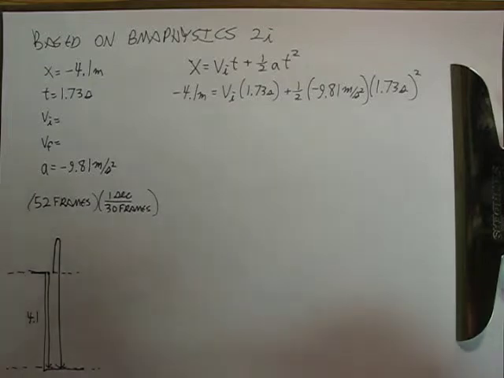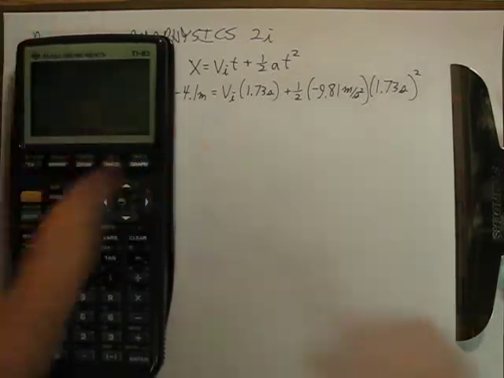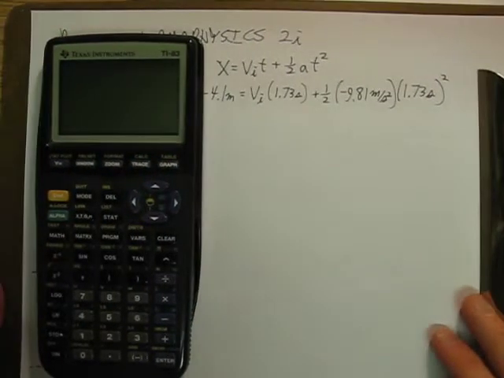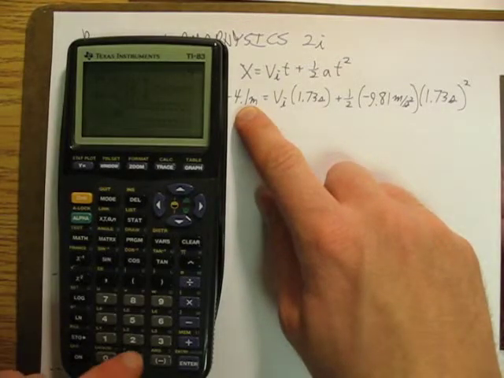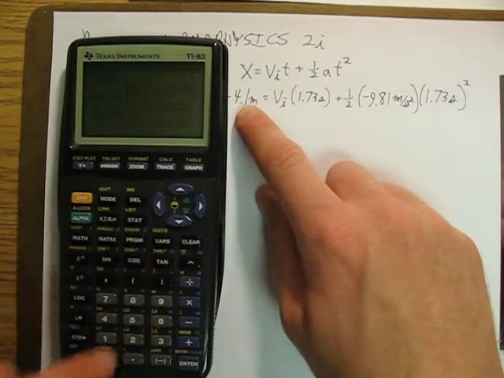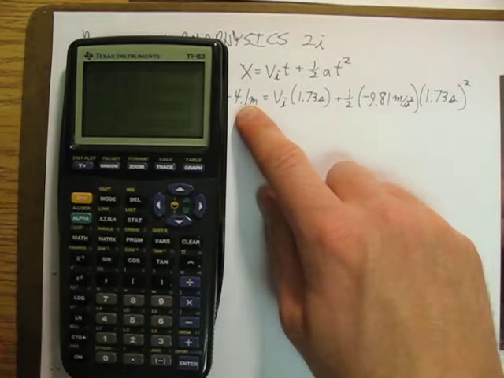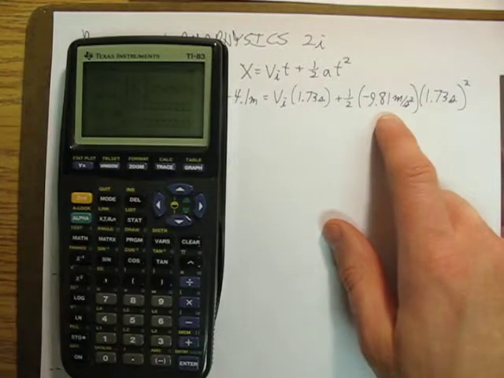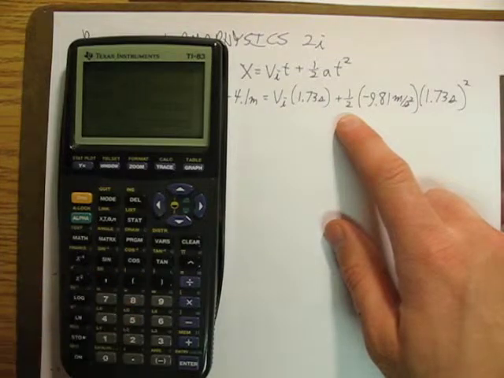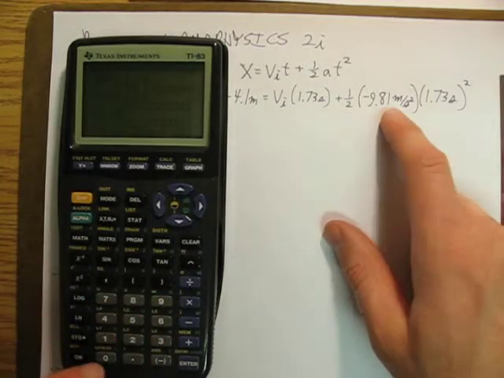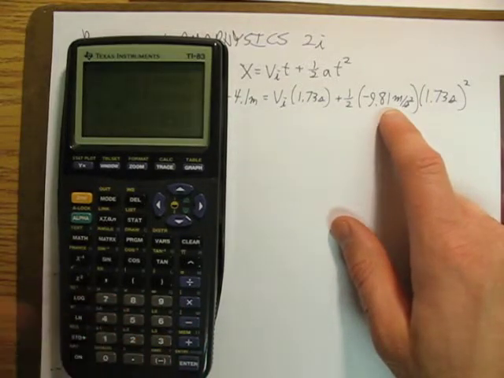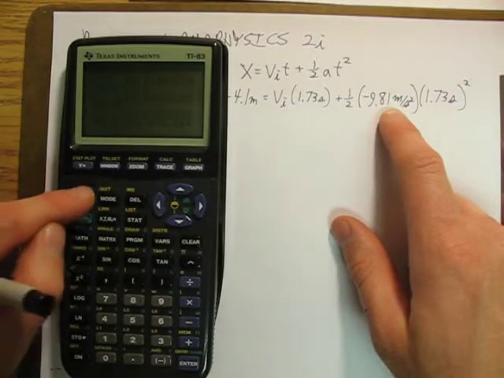Okay. Now I'm going to show you how to do this all out on your calculator. I'm going to start with this negative 4.1. Now I'm going to subtract off 1/2, which I'm going to say is just 0.5, times negative 9.81 times 1.73, and remember, we're going to square it.